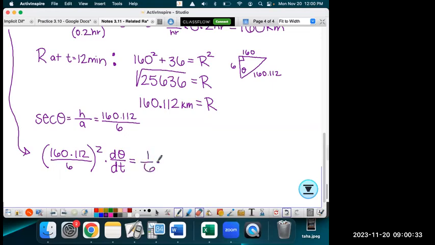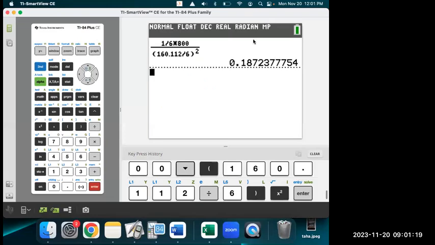P prime being 800. Go ahead and finish solving for d theta dt, and the answer will pop up in just a moment. So it looks like we are getting 0.187 radians per hour.